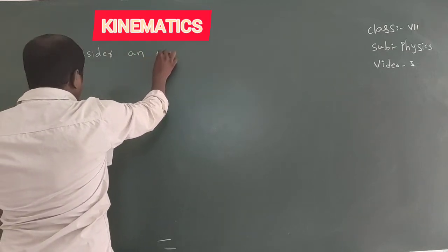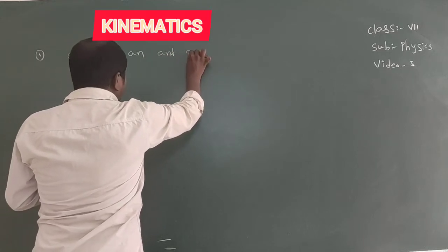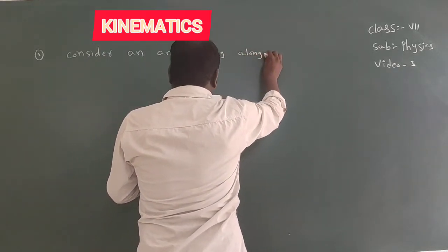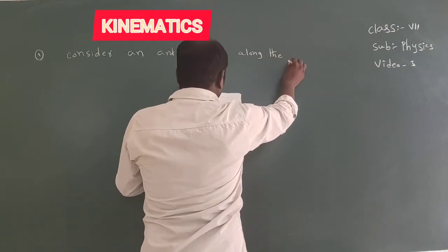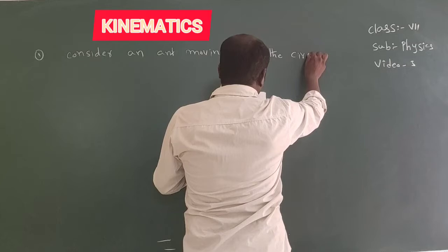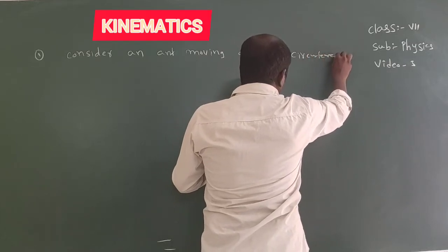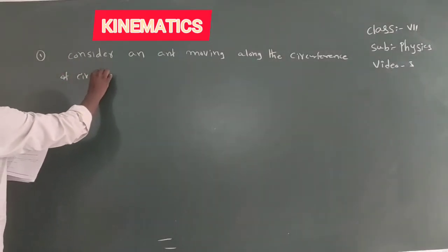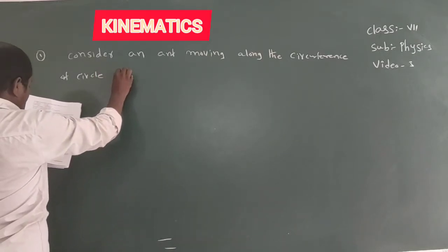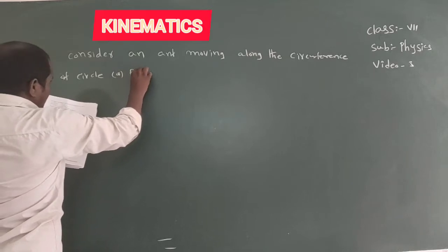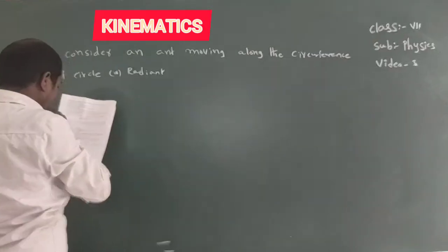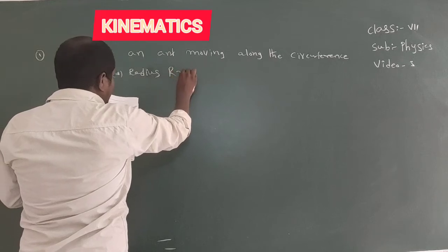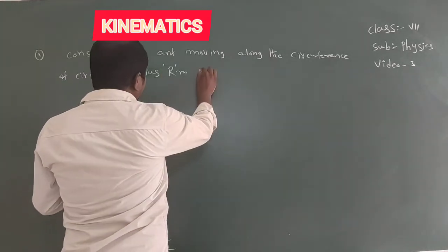Consider an ant moving along the circumference of a circle of radius r meters.